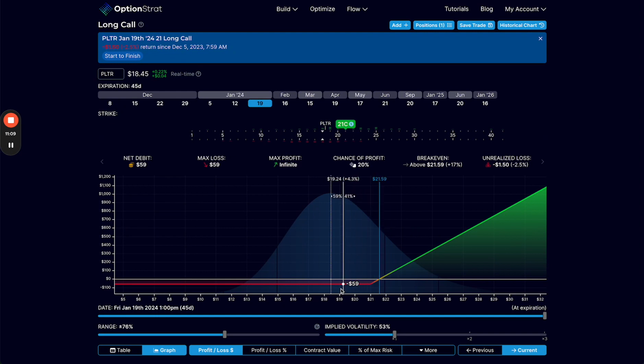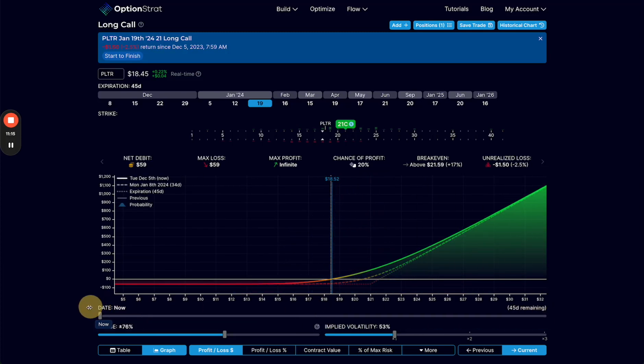So again, this is, of course, the P&L line at expiration. If I bring it back to today, if Palantir were to get a big run on it for whatever reason and move up to that $21 price, well, I could be up $108 here in the next day or two if it moves up to 21 quickly, which, again, ideally is what we're looking for in these scenarios.